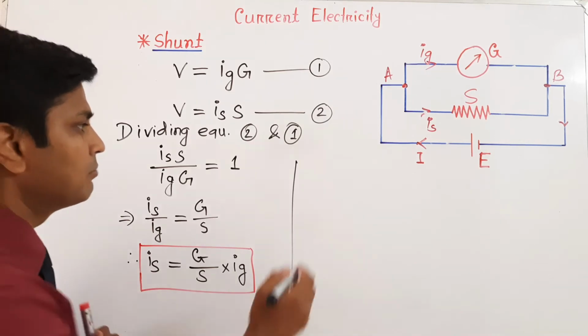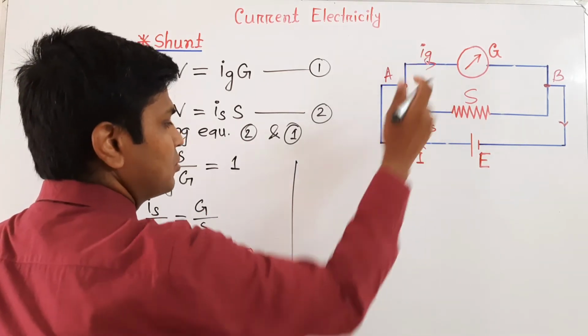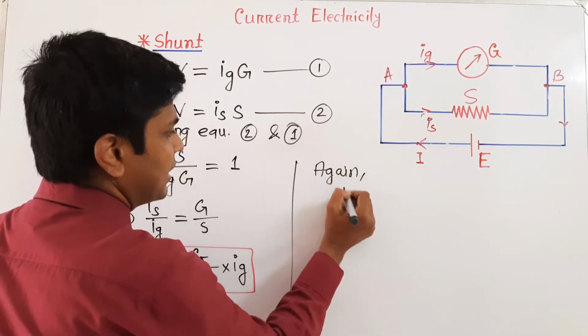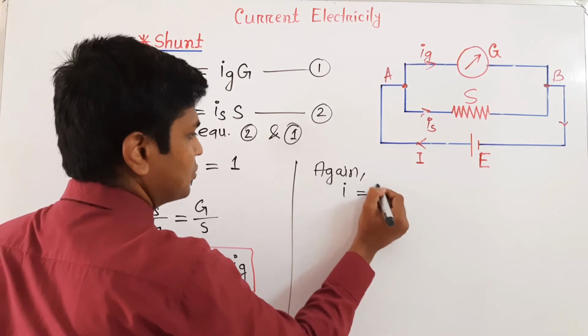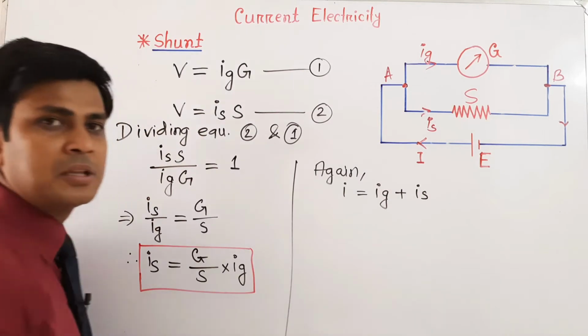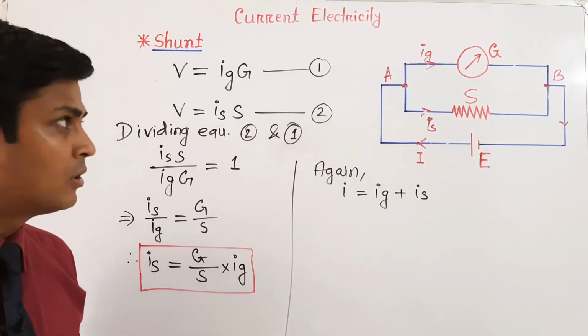Again, we know the main current I is equal to the addition of the branch currents. And we can also apply Kirchhoff's law here.